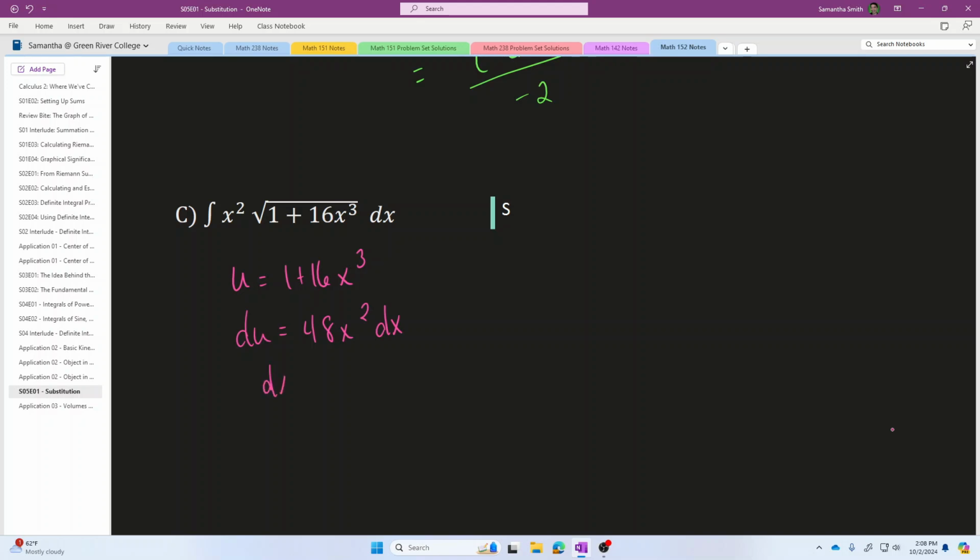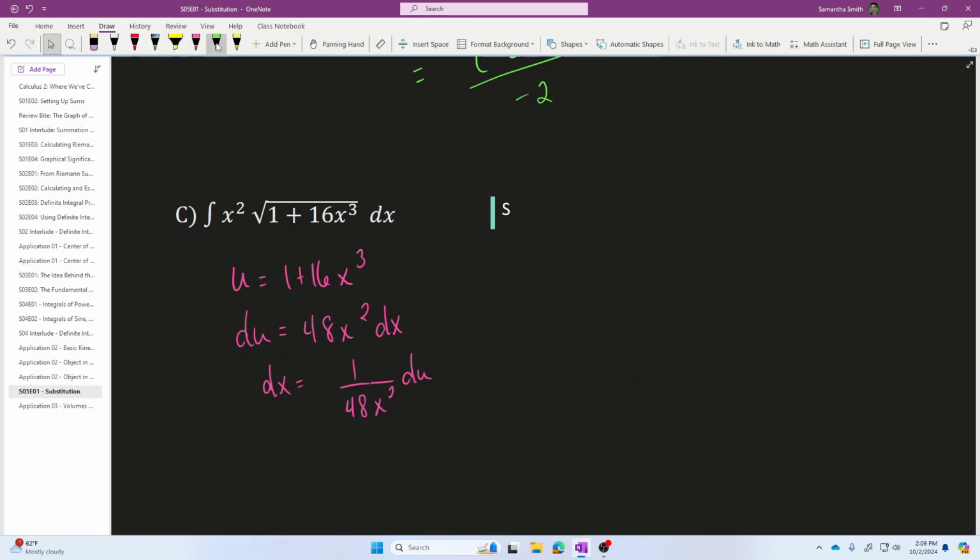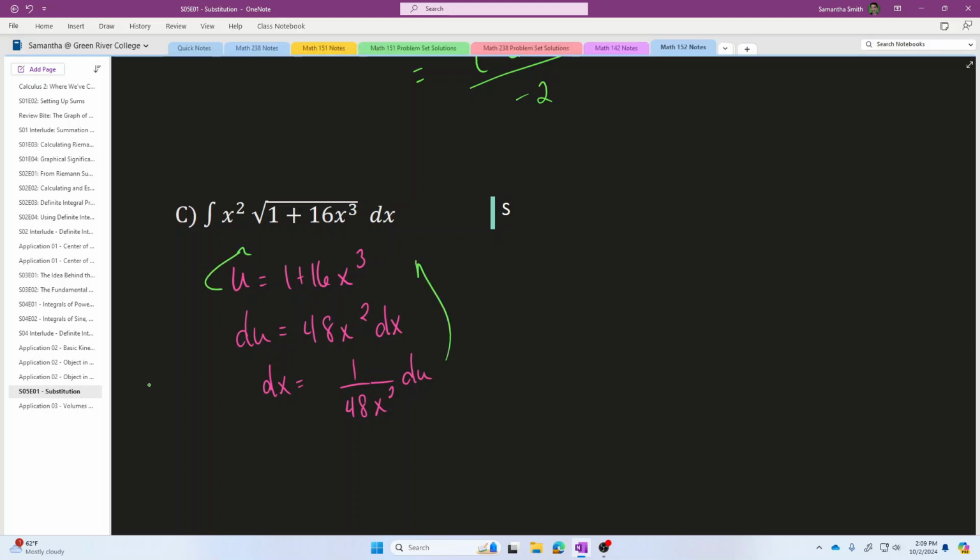And so dx would be 1 over 48 x squared du, just by dividing out to isolate dx. Now let's put that information into this expression and see if what we get at the end is a nice simple integral with only u's and no x's.